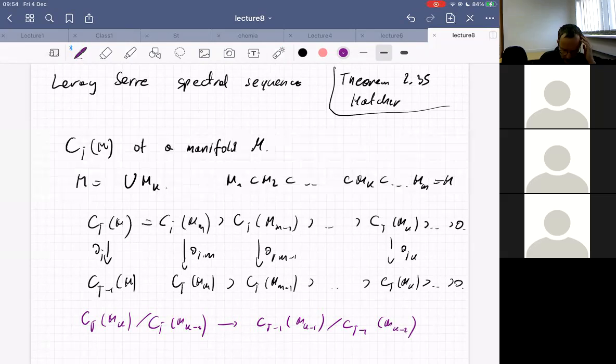Okay, so this is the map induced by passing to quotient. You take the quotient, and you have an induced map that goes from the quotient to the quotient.